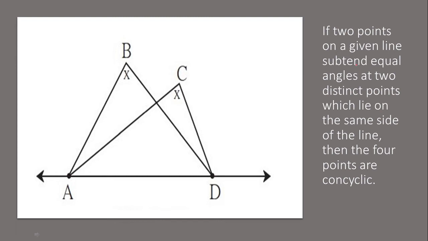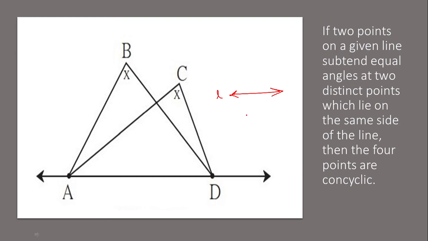Then one more important property: if two points on a given line subtend equal angles at two distinct points which lie on the same side of the line, then the 4 points are concyclic. Now see what it is. We have a line. On the same side of this line, either above or below, both points should be on the same side.